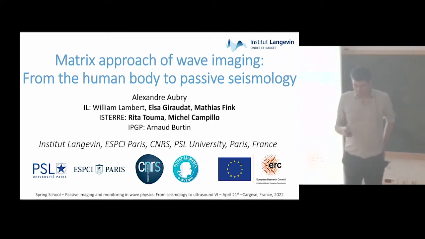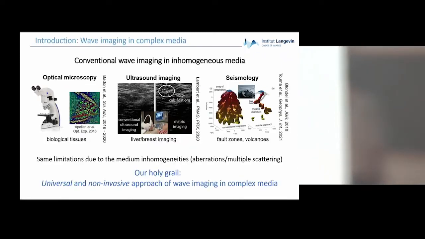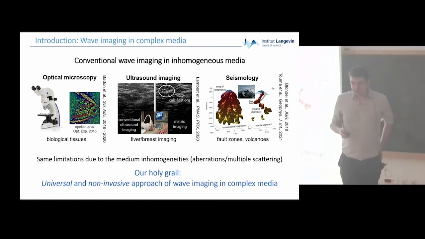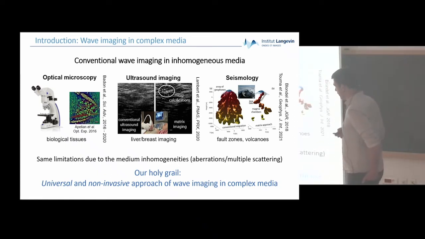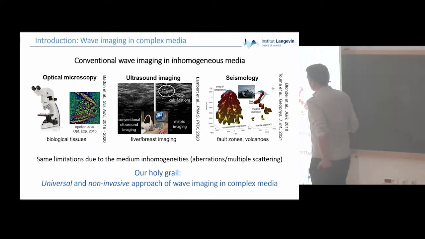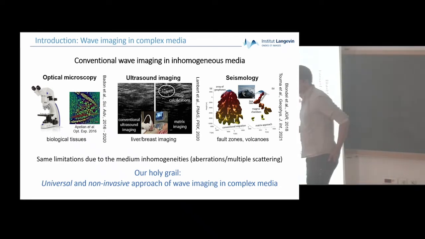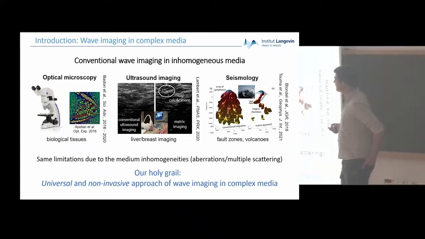Okay, so at the Langevin Institute, we are interested in wave propagation in complex media, multiple scattering, etc. But from a pluridisciplinary perspective. So we are interested in imaging applications, whether it be with light, ultrasound, or seismic wave.